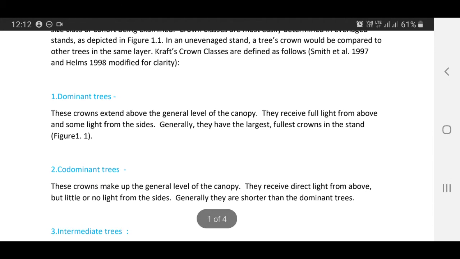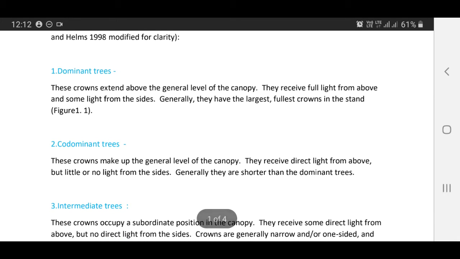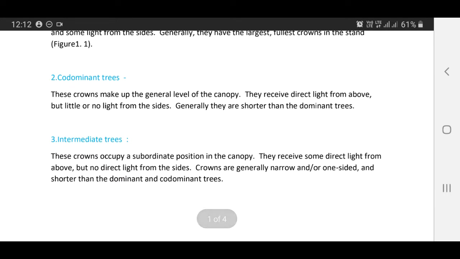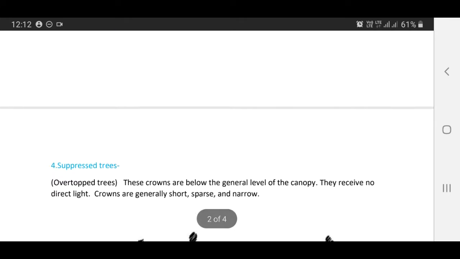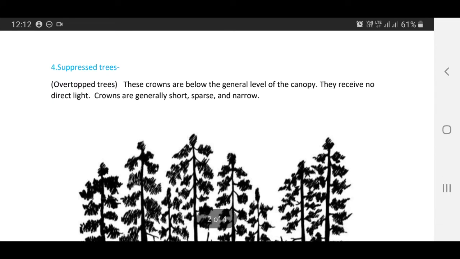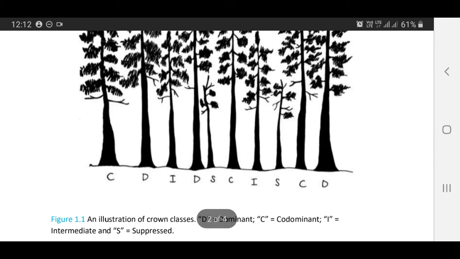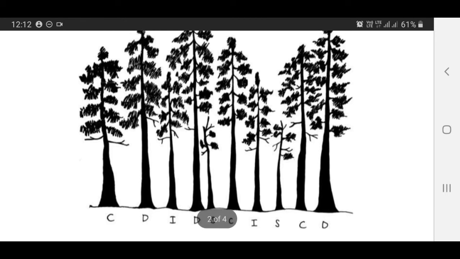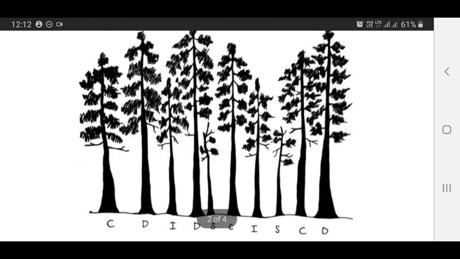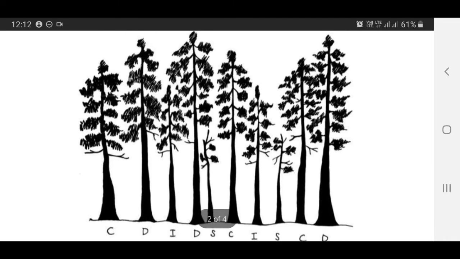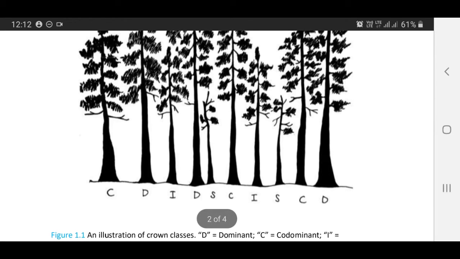The crown classes are dominant trees, codominant trees, intermediate trees, and suppressed trees. You see in diagram 1.1, there are 4 categories of trees: dominant, codominant, intermediate, and suppressed trees. You clearly see in the diagram.